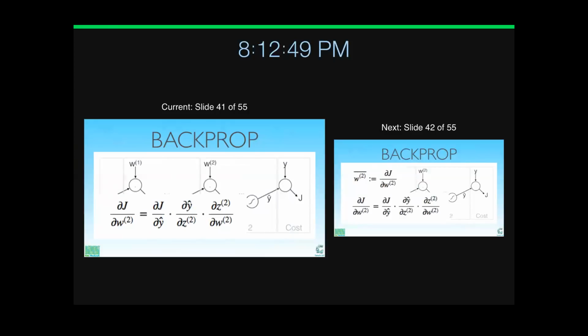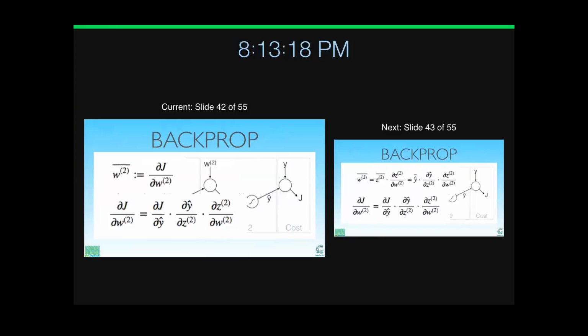So I'll use a notation here, which is the following. The overline here, the big line, means the derivative of the cost function with respect to whatever is here. It's just a notation I'm introducing, okay? And this is going to be a number. It's evaluated. So whenever you see something with the overline, it means I've calculated the derivative, plugged in all the weights. This is a number, okay?